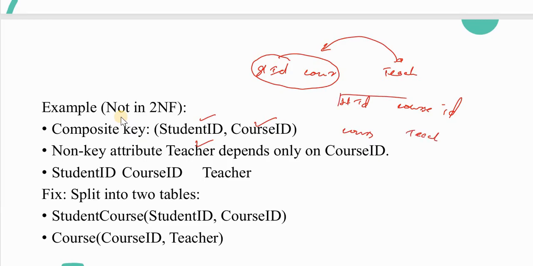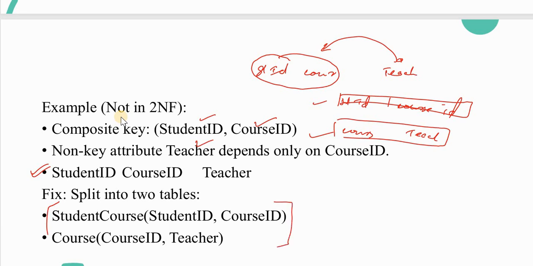You can name the first table student course, and the course ID and teacher table course. Why? Because here this teacher may depend on the student, or it can depend on the course ID. So this becomes a partial dependency, which is not acceptable in second norm.